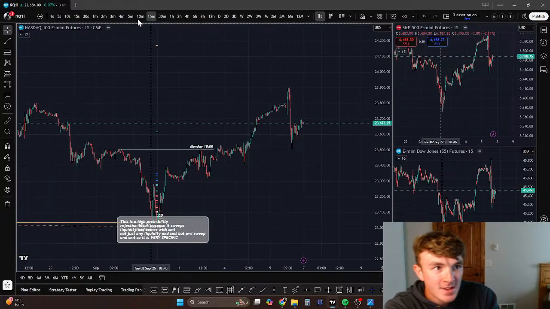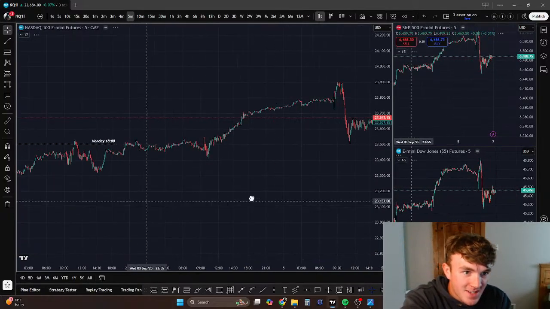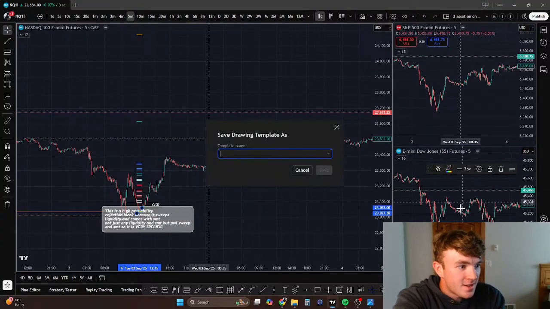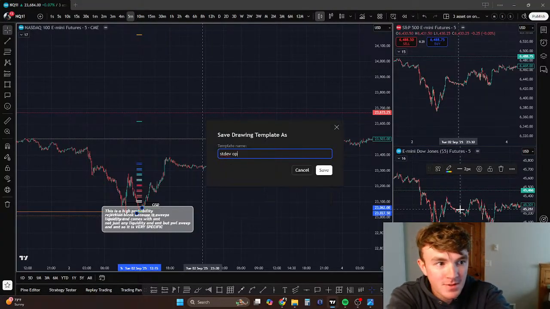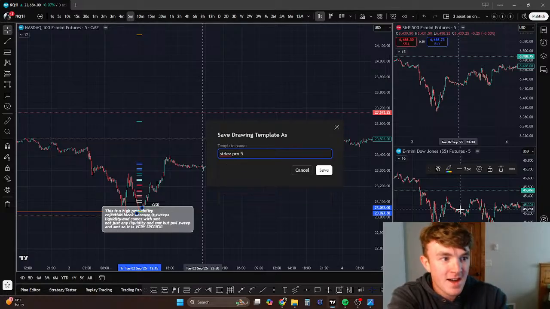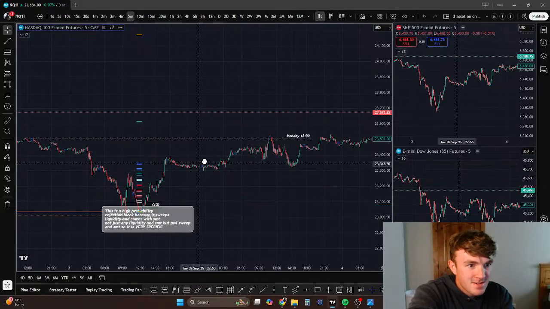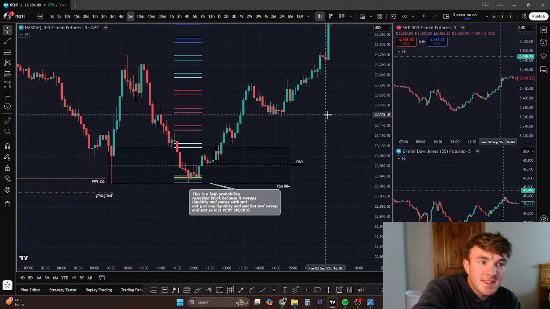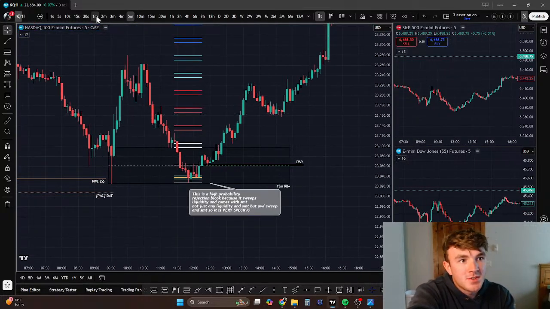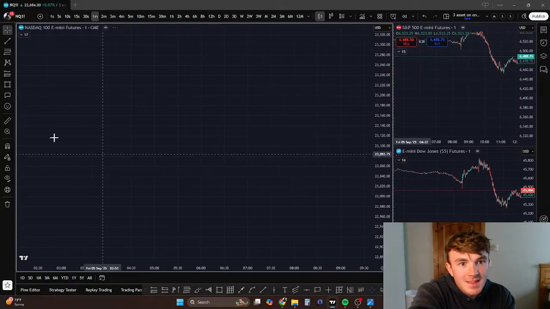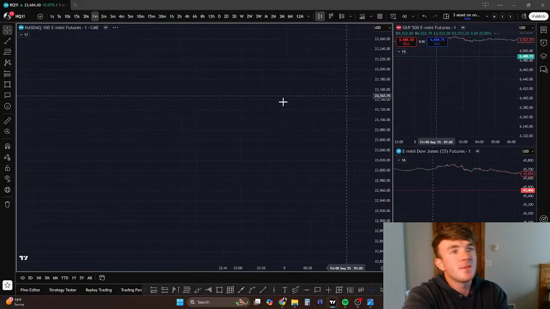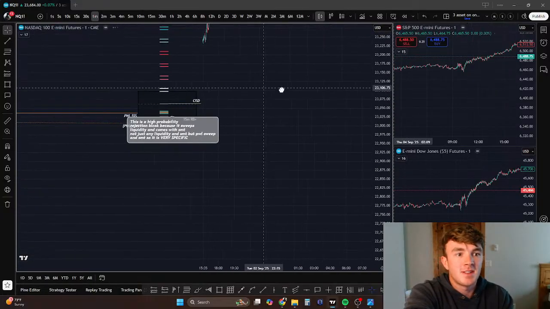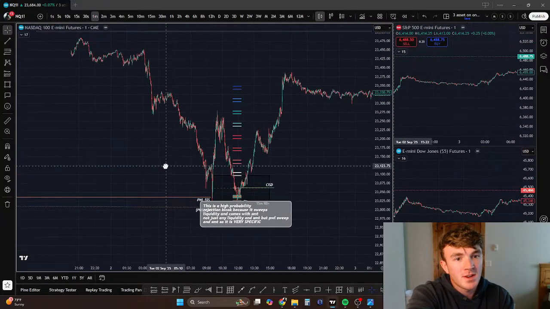Okay, I forgot to save this as a template, so let's go ahead and save this as standard deviations pro, SDev Pro number 5. Once again, standard deviations really mean nothing besides just places you could take profit. You could do Fibonacci, you could do whatever you want. It's just marking out places to take profit. But what matters is liquidity.